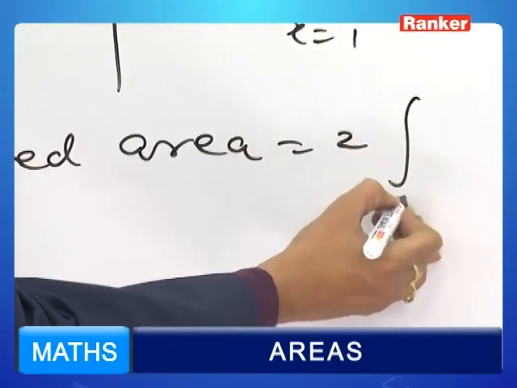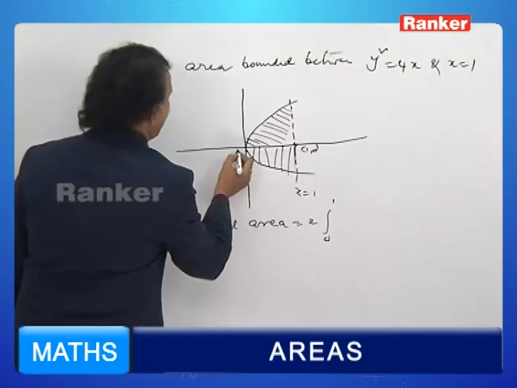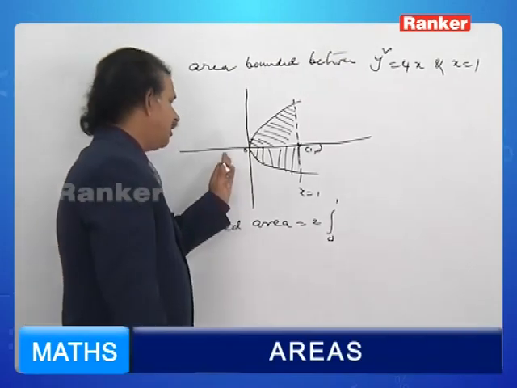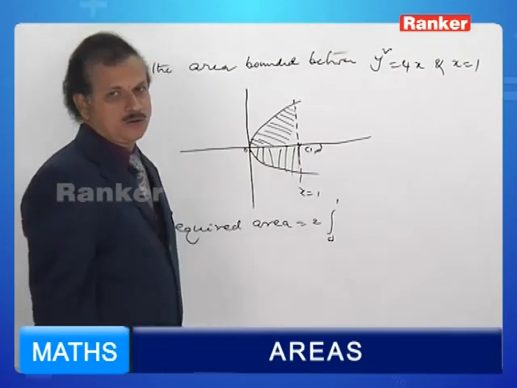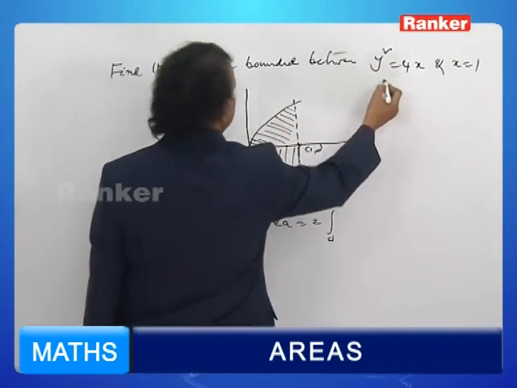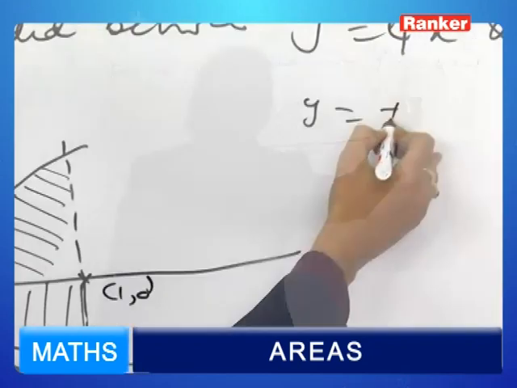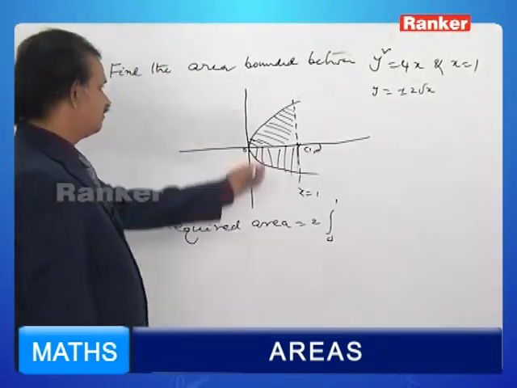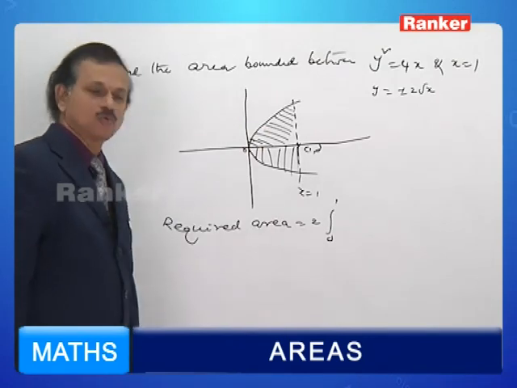2 into integral 0 to 1. Why should you put integral 0 to 1 only? On the x-axis, x ranges from 0 to 1 only. And in this region, what is the curve? Actually, y square is equal to 4x means y is equal to plus or minus 2 root x. But we like to find this part, hence it is 2 root x only.